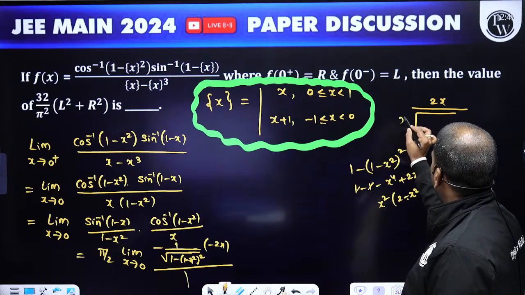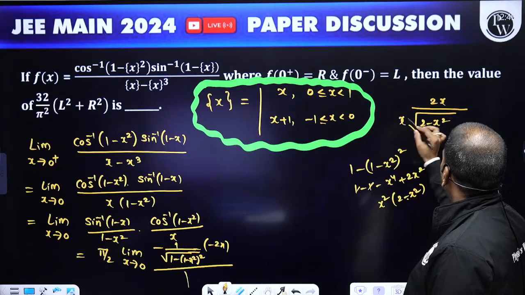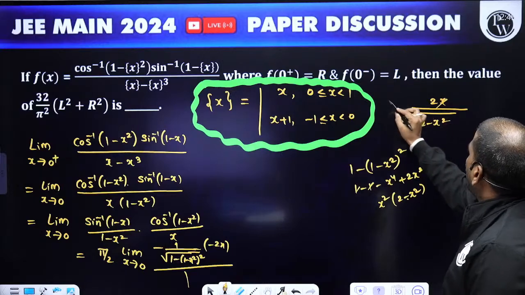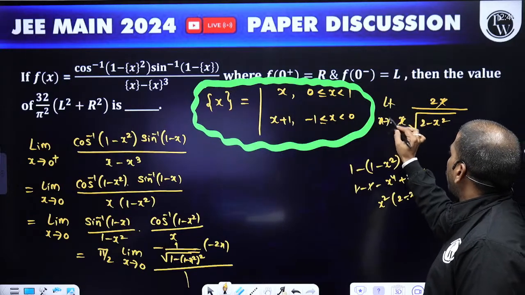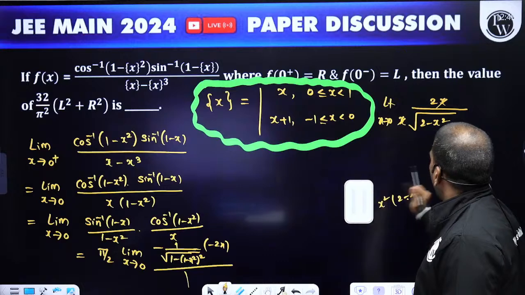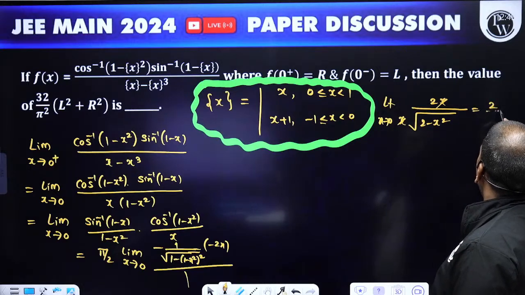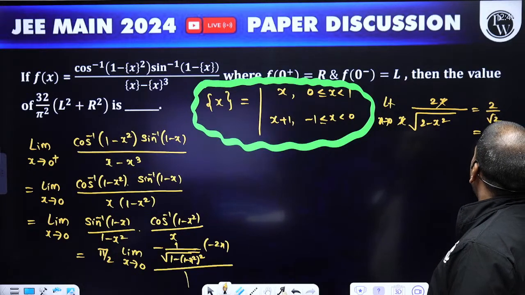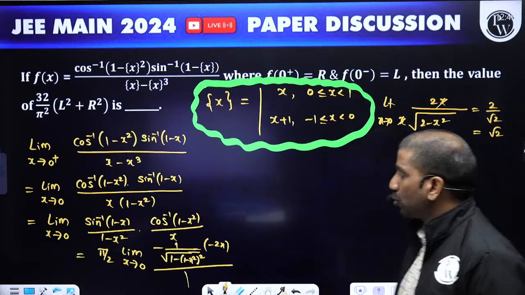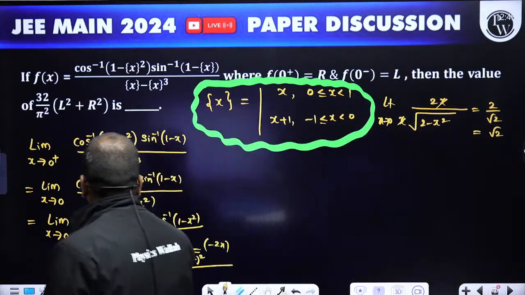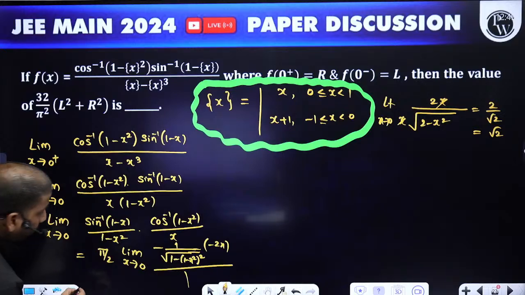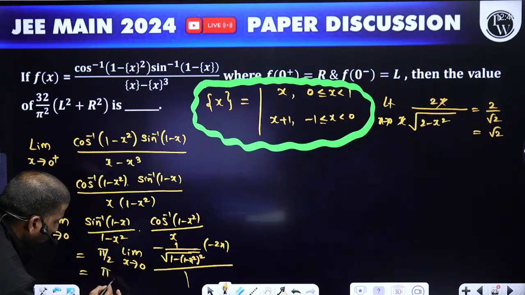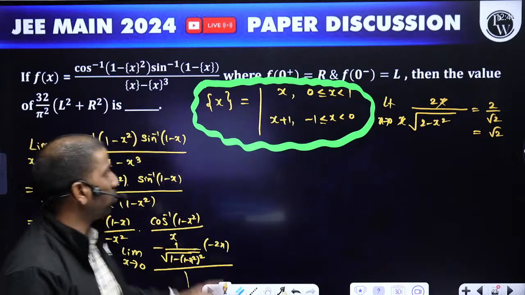So this is x times 2 minus x square. X got cancelled. If you apply limit x is tending to 0, what do you get? 2 by root 2, so that means root 2. Fine. So this whole part is equal to pi by root 2. So right limit is equal to pi by root 2.